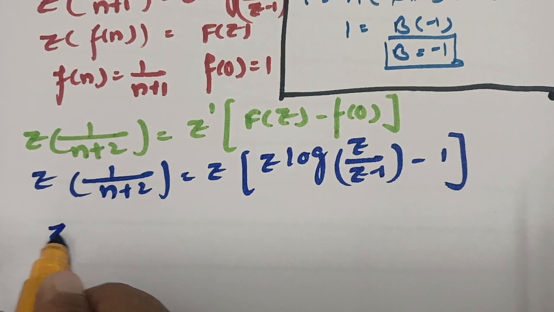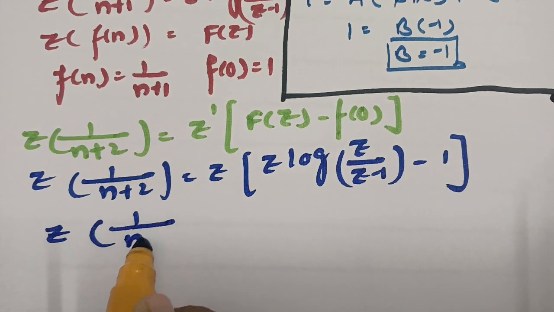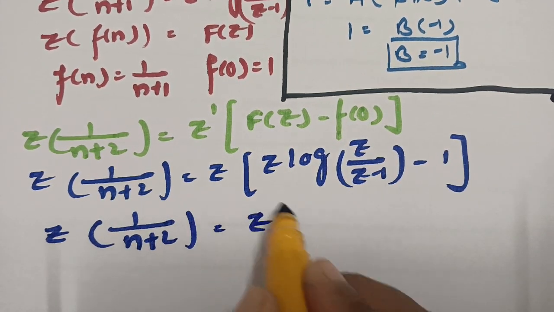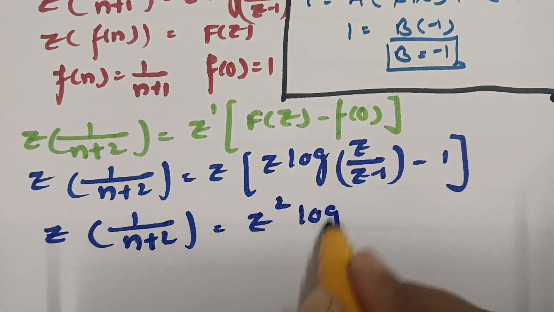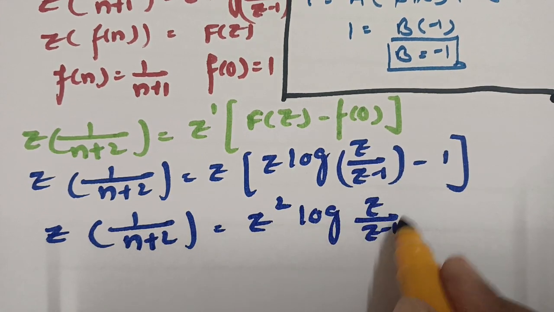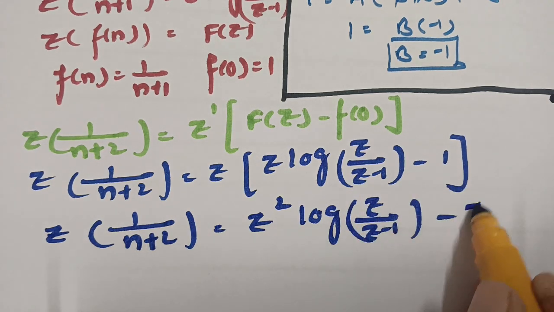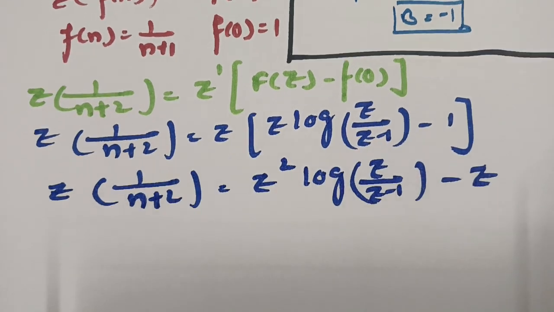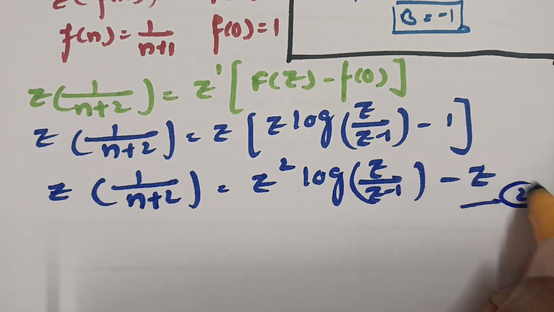We got the z transform of 1 by n plus 2 as z square log of z by z minus 1 minus z. So this is equation 2.